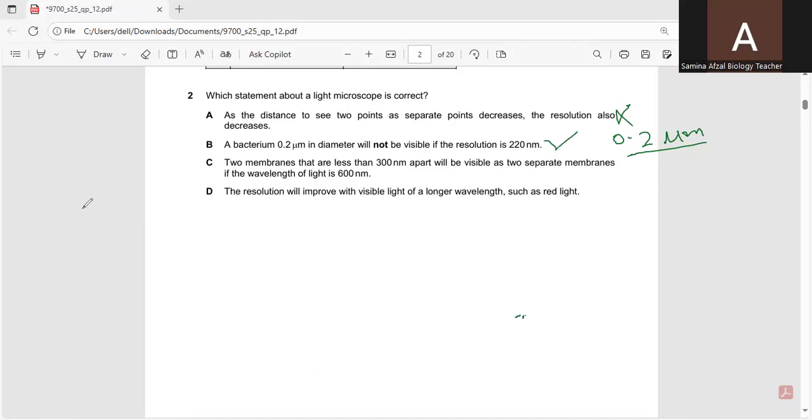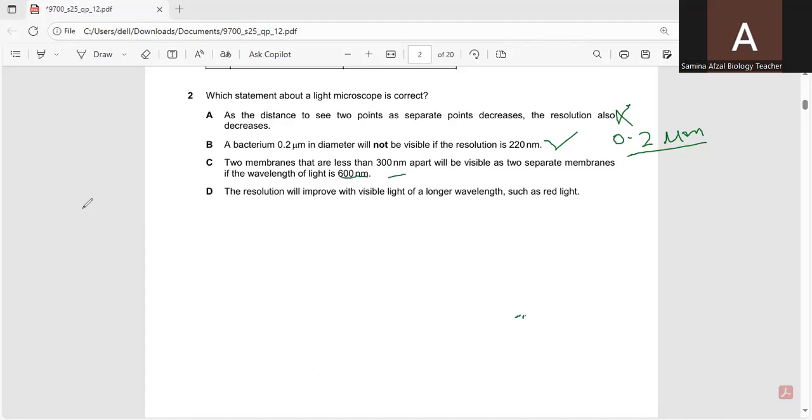The third statement: two membranes that are less than 300 nanometer apart will be visible as two separate membranes if the wavelength of light is 600 nanometer. So this is not correct, because a wavelength of 600 nanometer would have a theoretical resolution limit of approximately 300 nanometer.